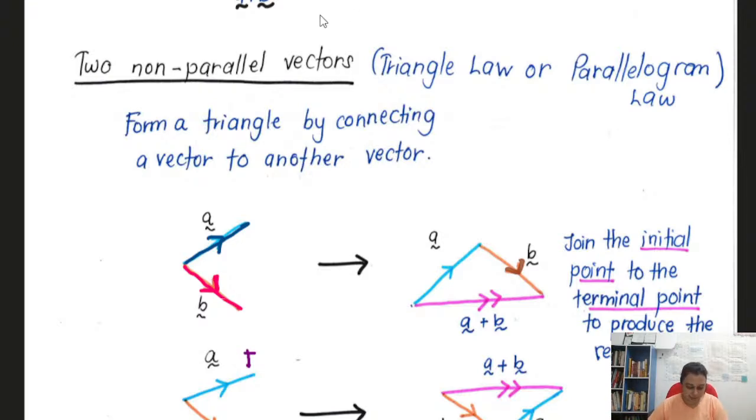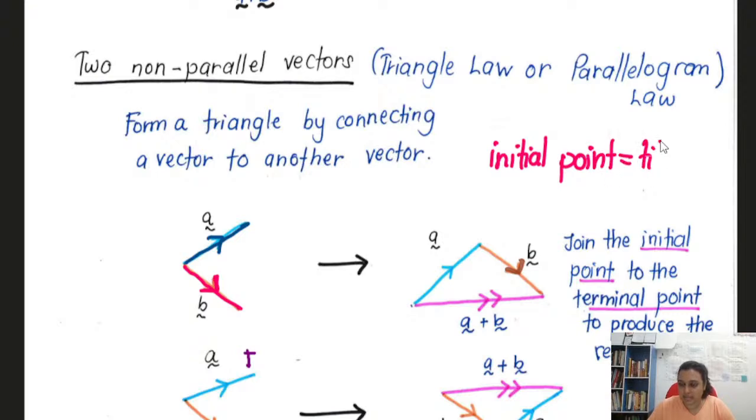This is very important. Let me see the bahasa word for this. Initial and terminal, initial ialah titik awal, titik terminal. Okay, for bahasa students, you just write this down.